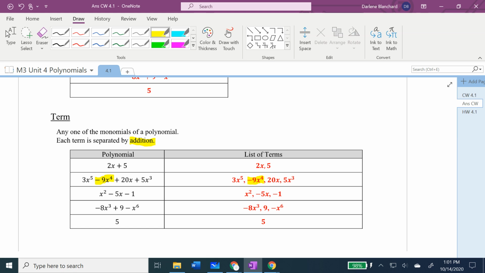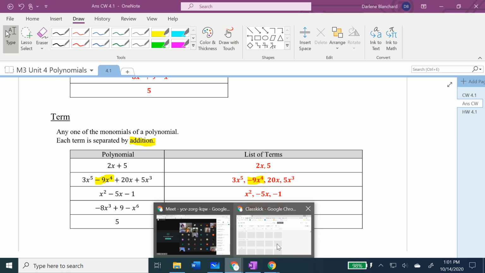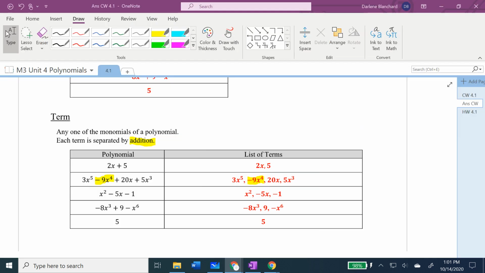And I don't know where you guys are at, which is why that ClassKick thing could be beneficial. I could see actually where everyone is at, if I can find it. I know you guys don't want me sharing anything you have, but I just want to see. Did some of you just download it and you're just not using it? Looks like it. Is anyone actually using it and trying it? Okay.